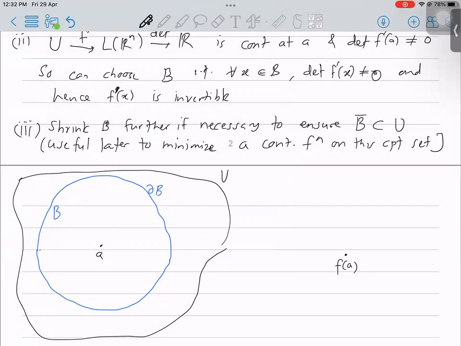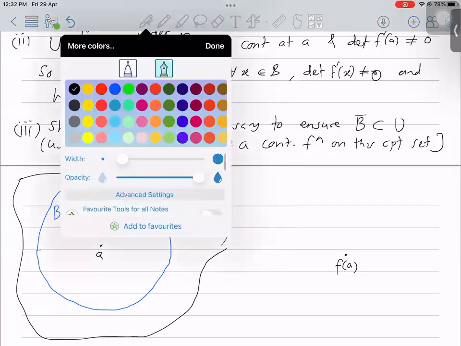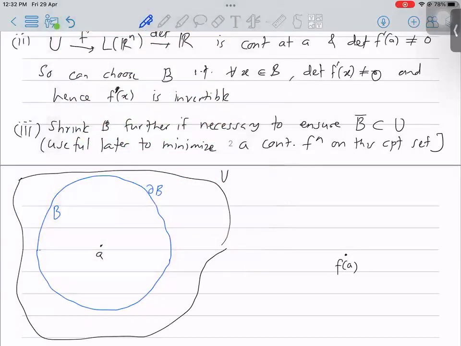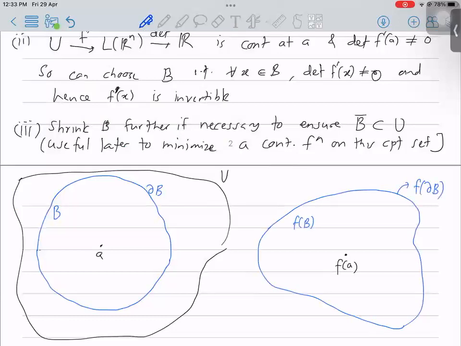Now, I'm going to also have the image under F of this. So this is going to be F of B. And this is going to be F of the boundary of B. That partial symbol has nothing to do with the derivative.